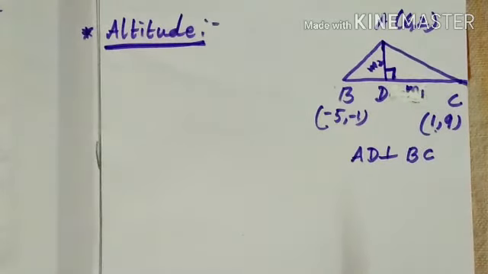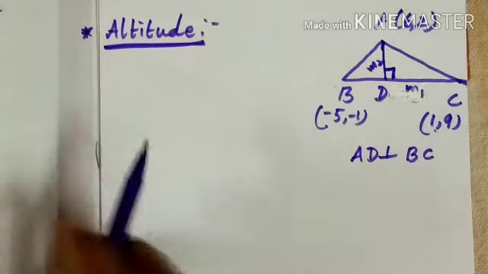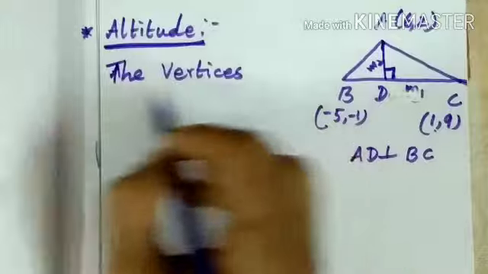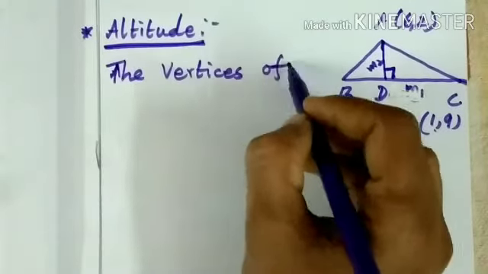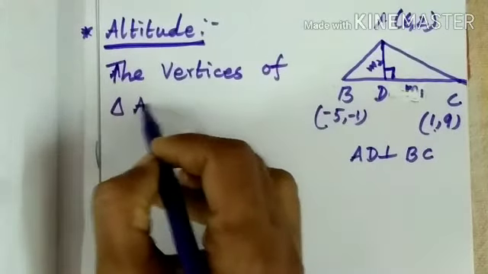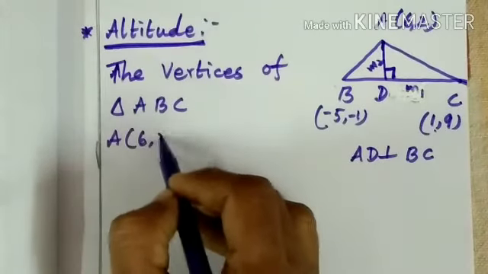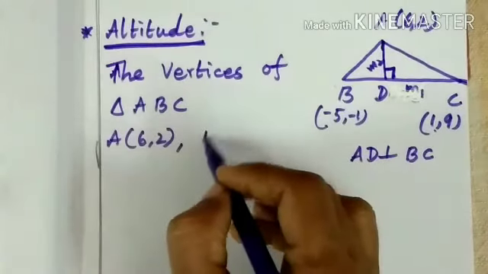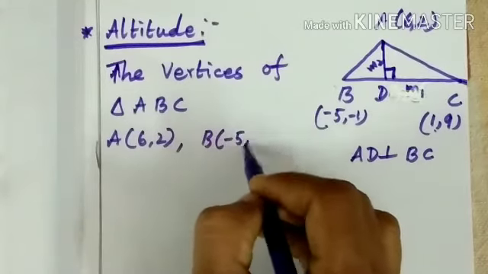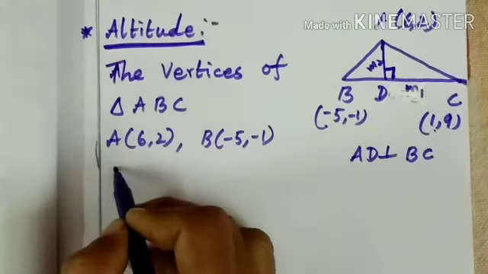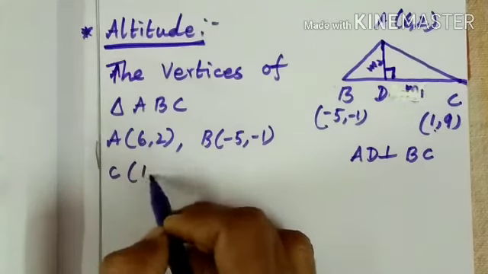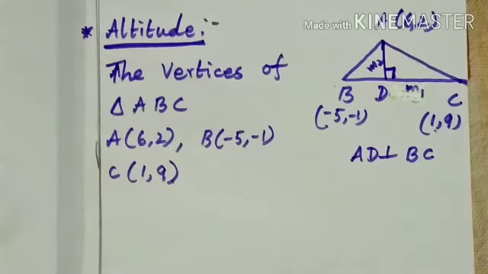Let us do the solution. First you take down and write the given points. The vertices of triangle ABC: A(6, 2), B(-5, -1), C(1, 9).